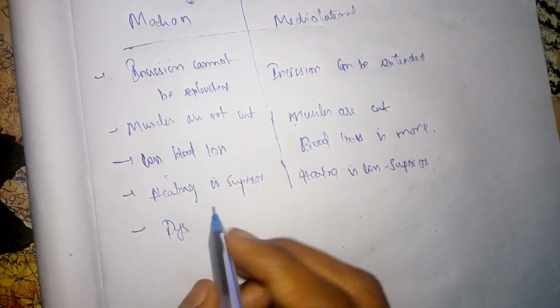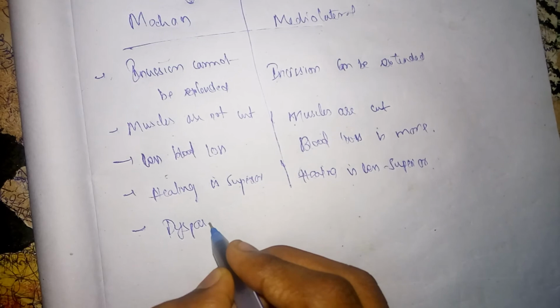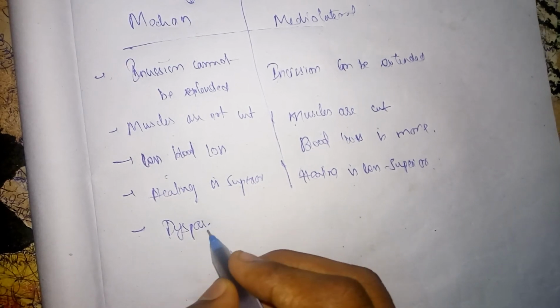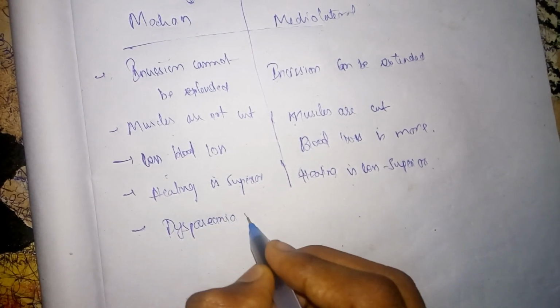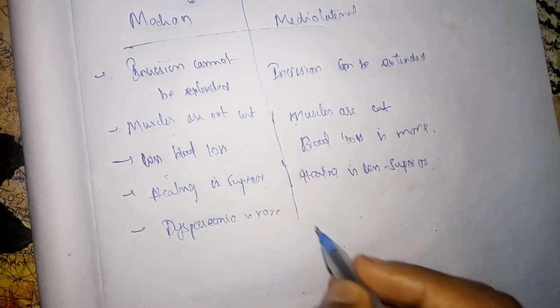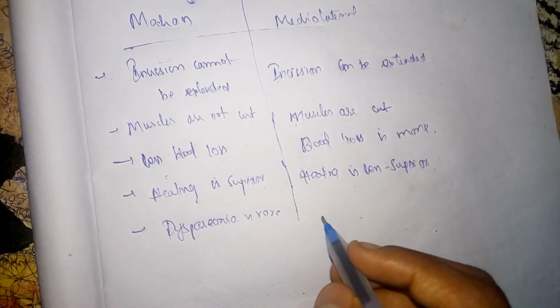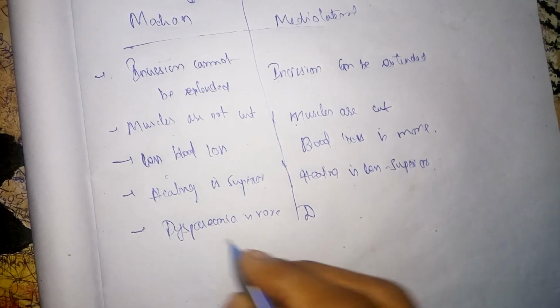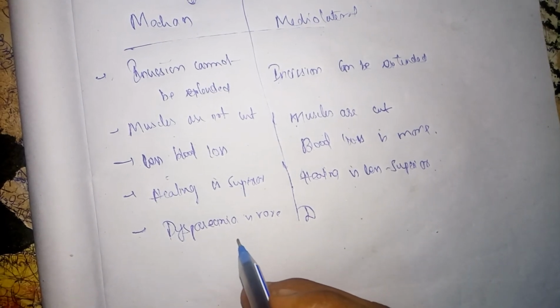Dyspareunia is rare in median because the injury is superficial, whereas in mediolateral dyspareunia is more. As all of us know, dyspareunia is painful sexual intercourse.